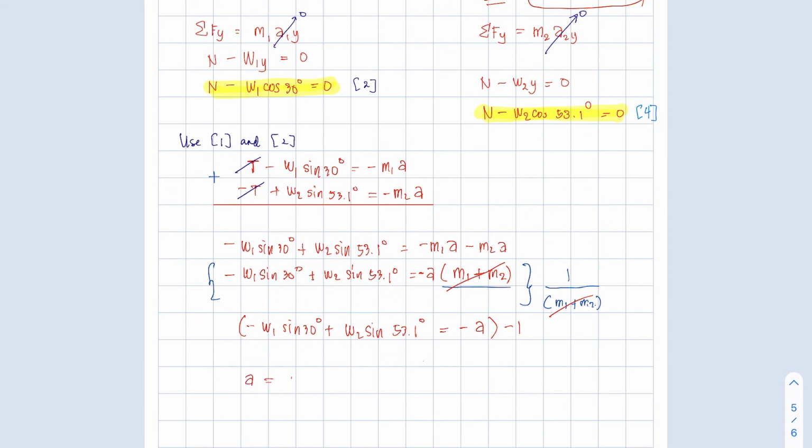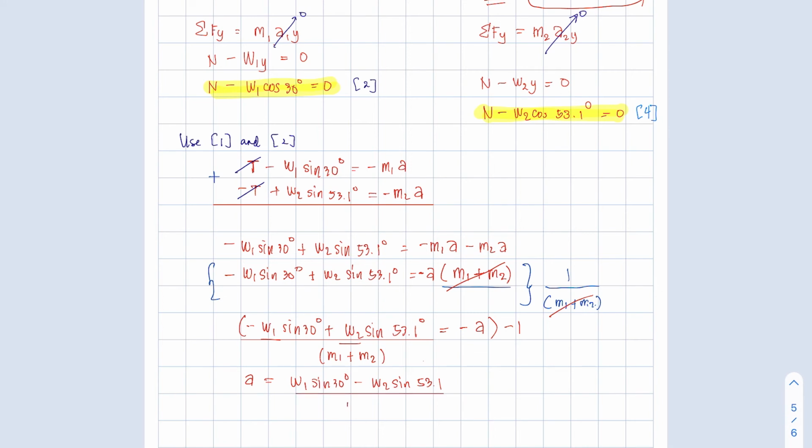And rearranging, I have A is equal to this one will be positive, W1 sine of 30 degrees. And when I multiply this term by negative 1, that will be negative W2 sine of 53.1. Pero wag mong kalimutan that since you multiply 1 over M1 plus M2 both sides, dapat meron din si M1 over M2. Those terms above is divided by M1 over M2.